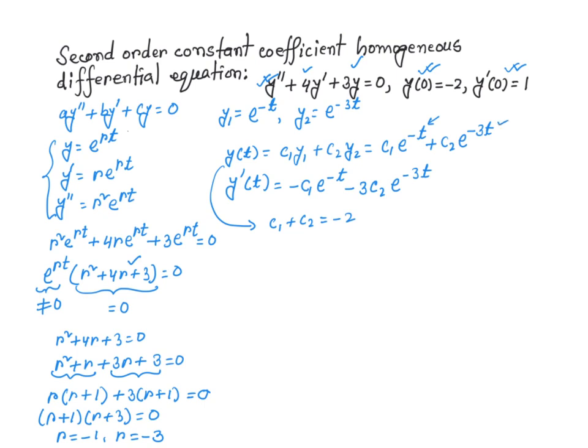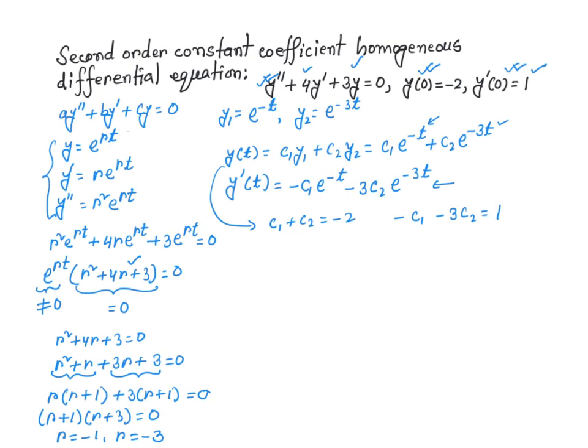Similarly, e to the power negative 3t. Using the second condition and applying it right here, we get y prime of 0, which is negative c1 negative 3 c2 is equal to 1.